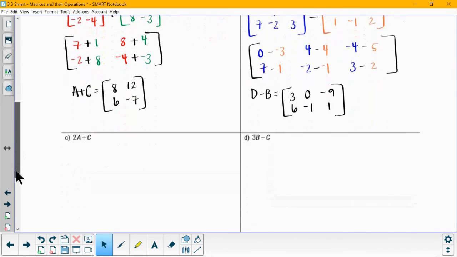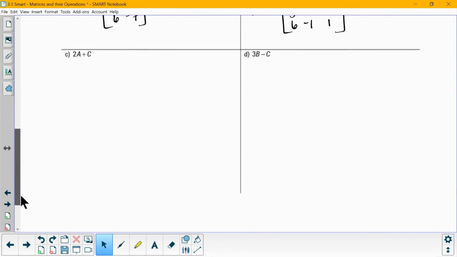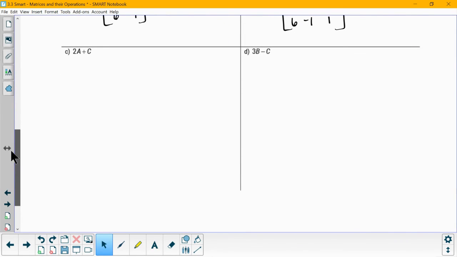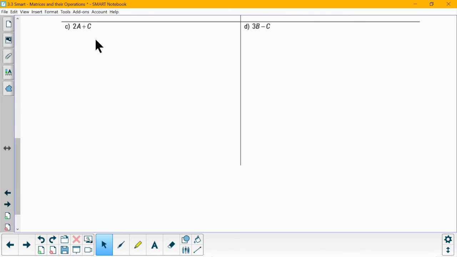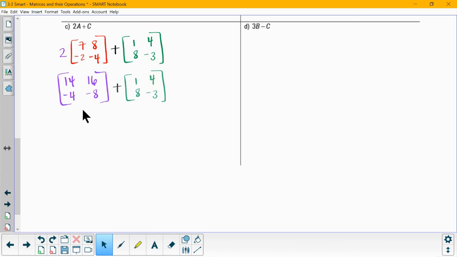Now, when I apply a scalar, so I am doing 2A plus C. So first thing I'm going to do is write out my equation to verify that I have the same dimensions, and I do. When applying a scalar, this 2 is just going to distribute to every single entry. So 2 times 7 is 14. 2 times 8 is 16. 2 times -2 is -4, and 2 times -4 is -8.